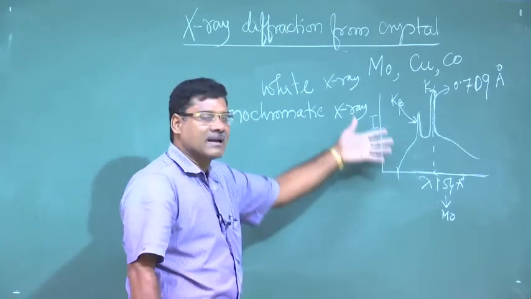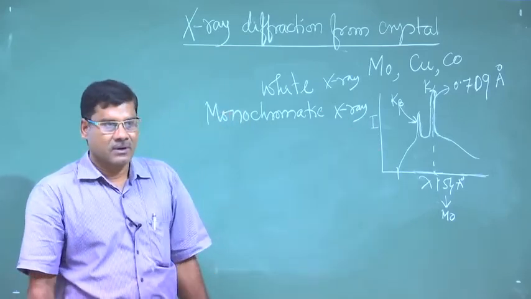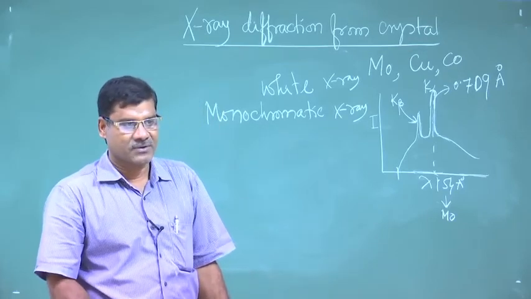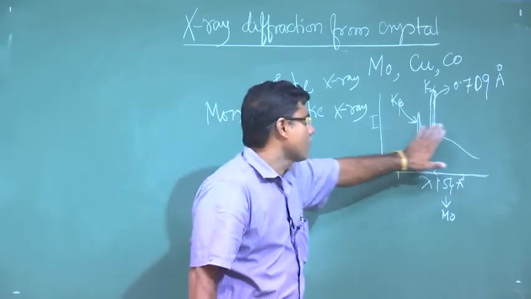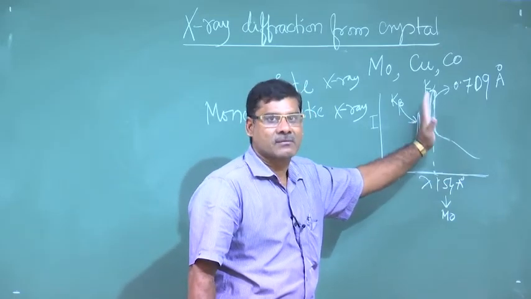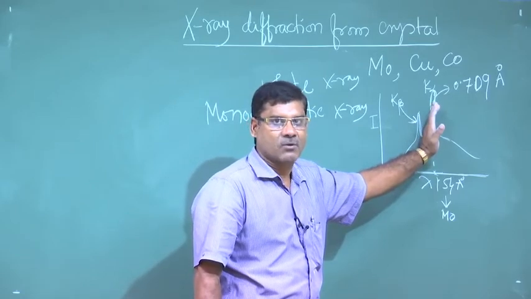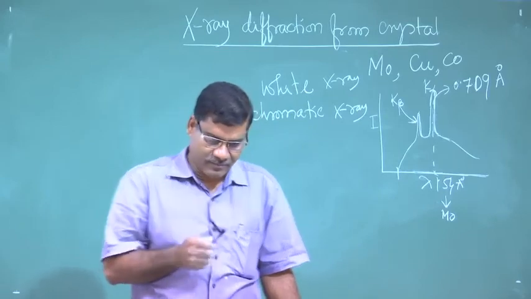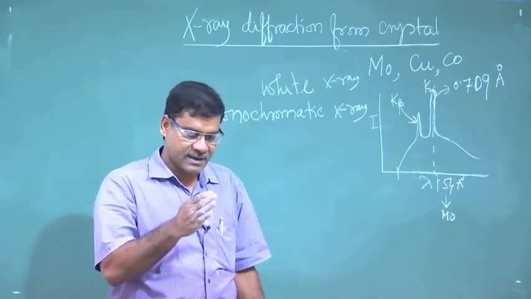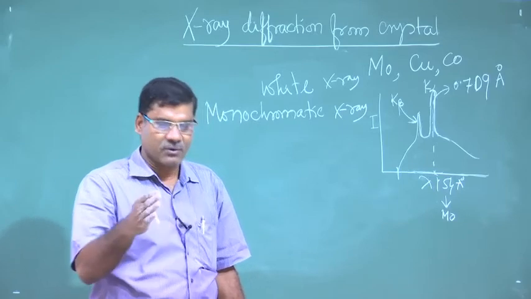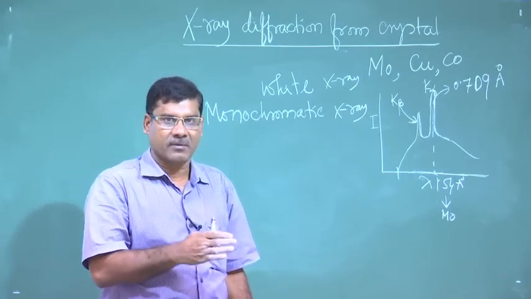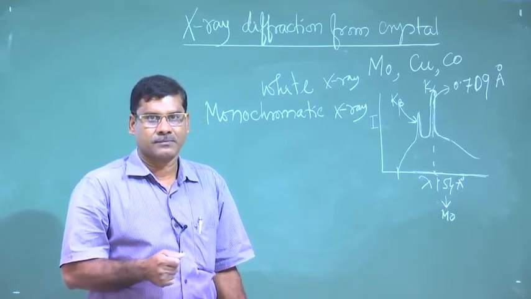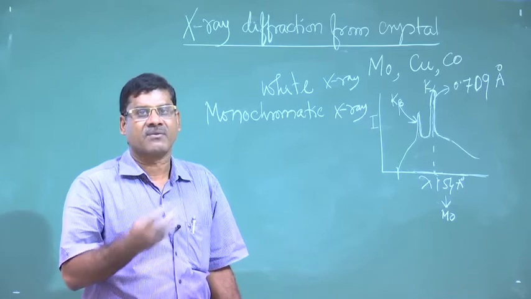So, there are different ways to choose that one. Sometimes we use a filter, an absorber. It basically absorbs all wavelengths except one wavelength, so it just passes one wavelength, absorbing all other wavelengths. That type of filter is available, and for different wavelengths different filters are used.